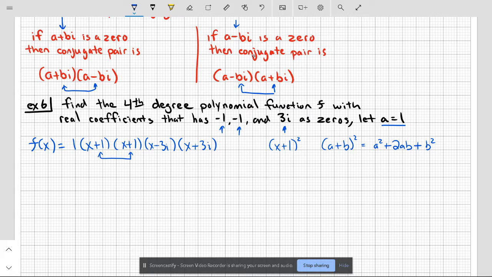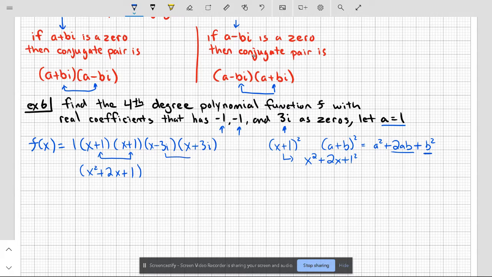So here, it's going to be x squared, and then 2 times a, which is x, times 1, which is b. So here you get 2x. And then finally, b, in this case, is 1, so you just say 1 squared. So with that, we have x squared plus 2x plus 1.